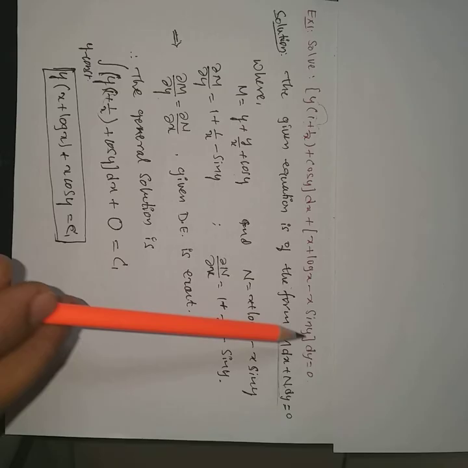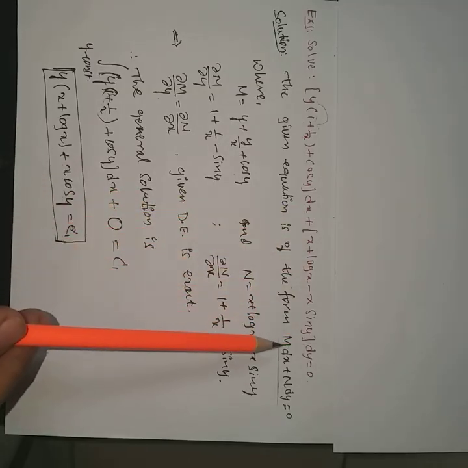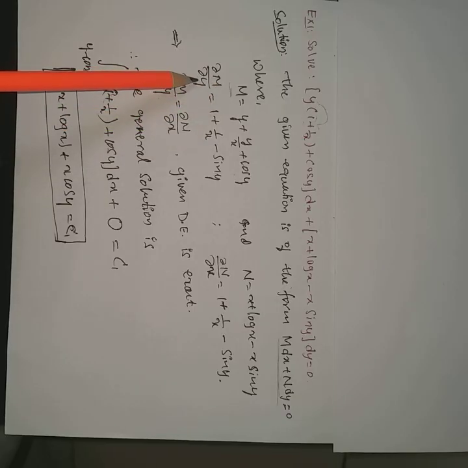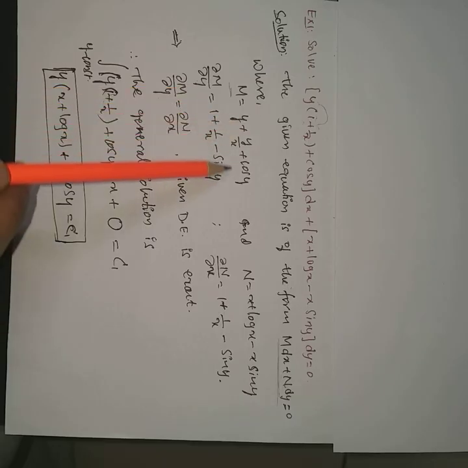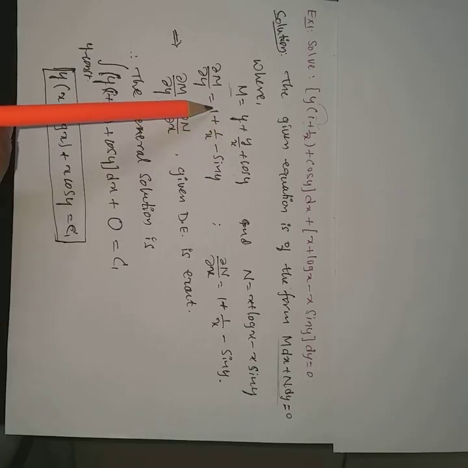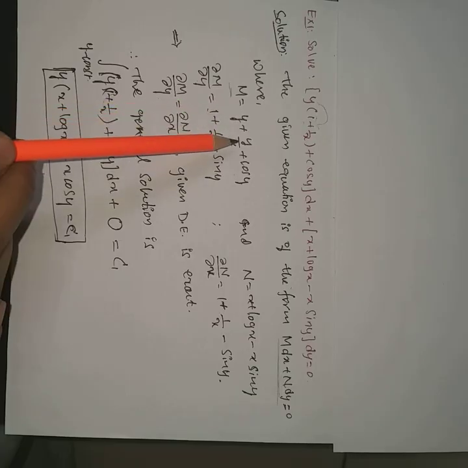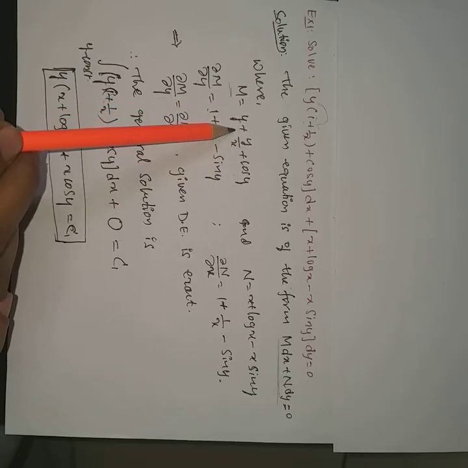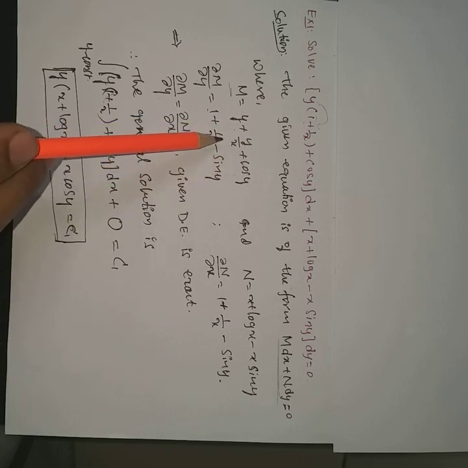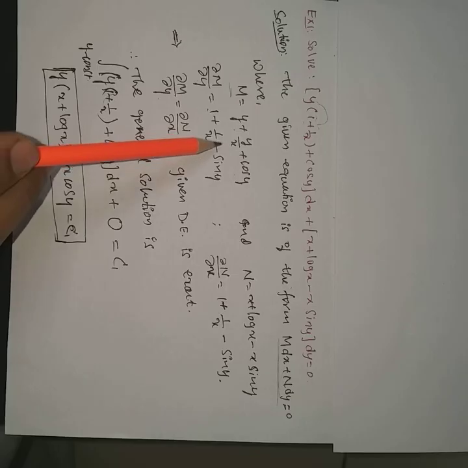Now we have to check whether the given equation is exact or not. To check that, we differentiate M partially with respect to y. Dou y by dou y becomes 1. Then 1 by x is treated as a constant, take that outside, and dou y by dou y becomes 1 by x.